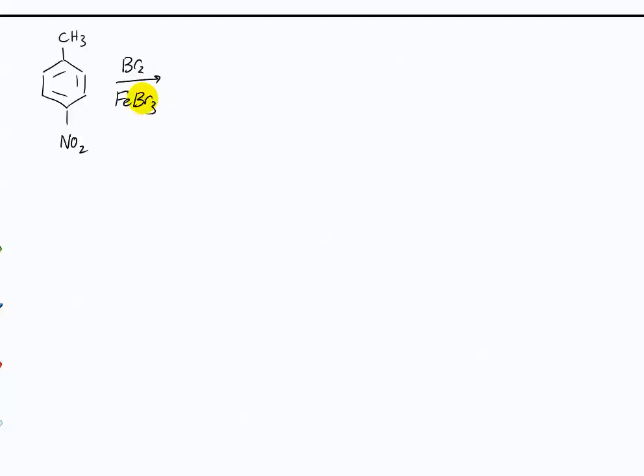All right, so what if we take this, what would be the name of this molecule? Right, para-nitrotoluene. So what happens if you brominate para-nitrotoluene? Where does the bromine go, and why?